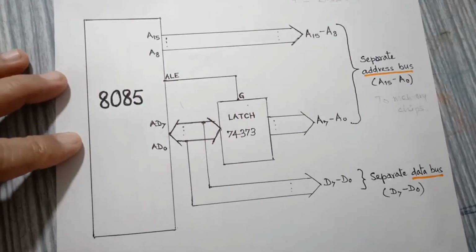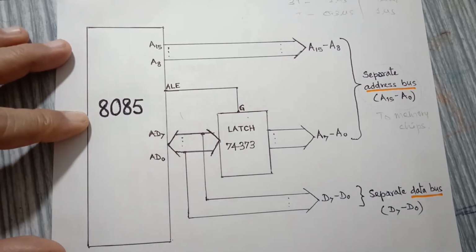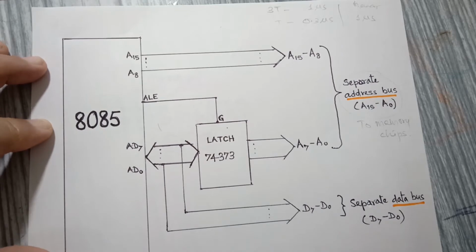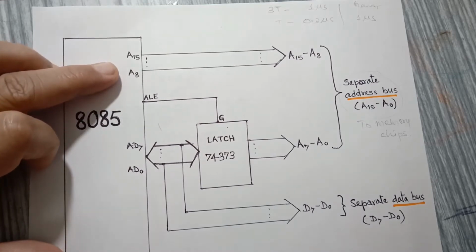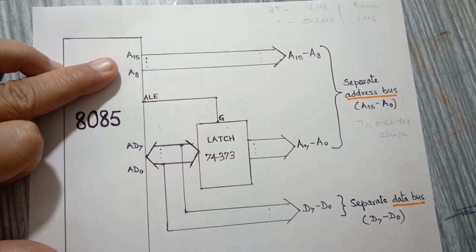We have studied the pin diagram of microprocessor 8085 and also its features. Microprocessor 8085 has a 16-bit address bus.